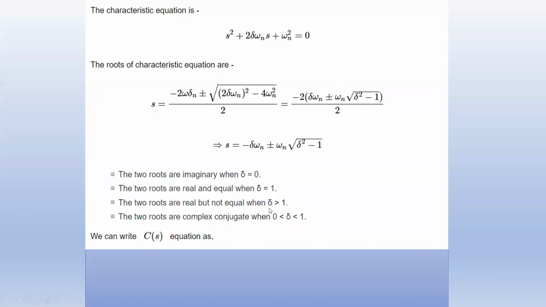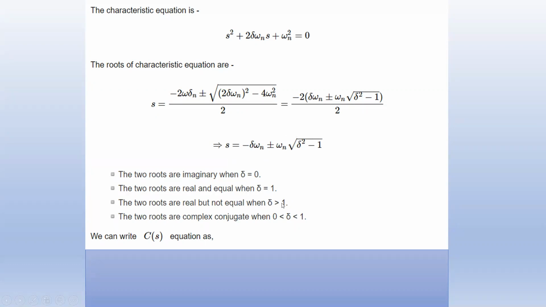So based on different values of delta, we can have different roots. If delta is equal to 0, then the roots are imaginary. If delta is equal to 1, we eliminate the second term, and we have repeated roots, which are real and equal.